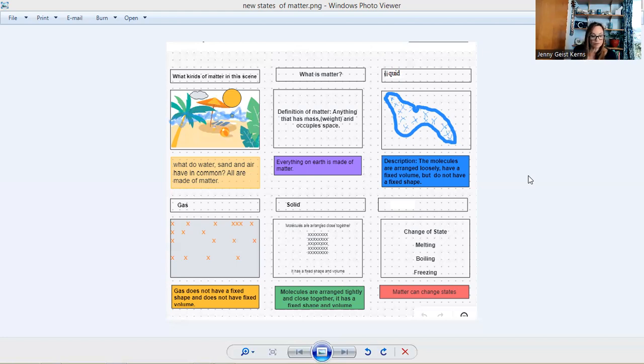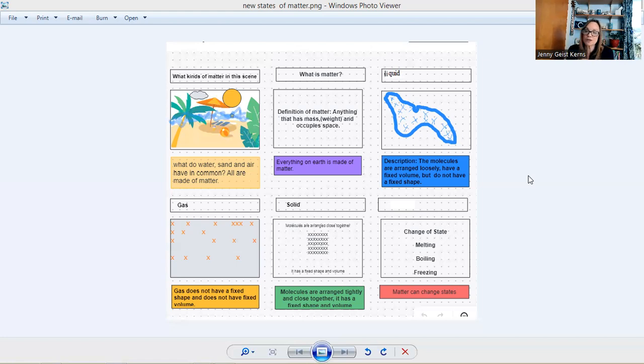Changes of matter, you can enter different examples in your chat. What are some examples of changing from one state of matter to another? For example, liquid to solid, or solid to liquid, from a gas to something else.